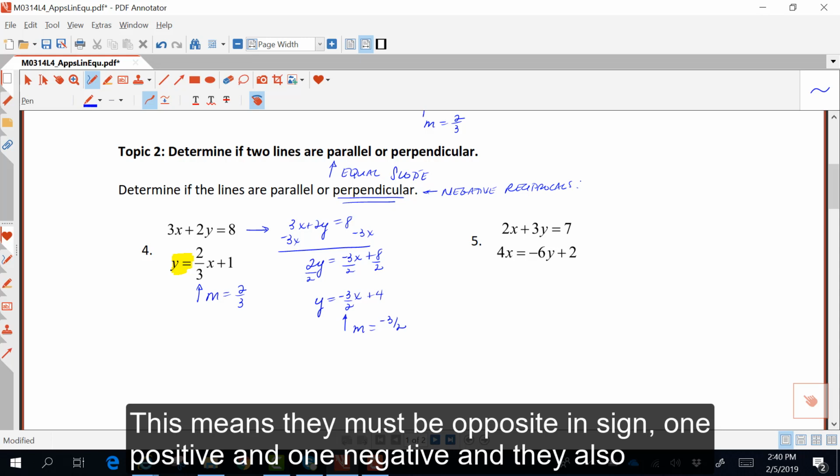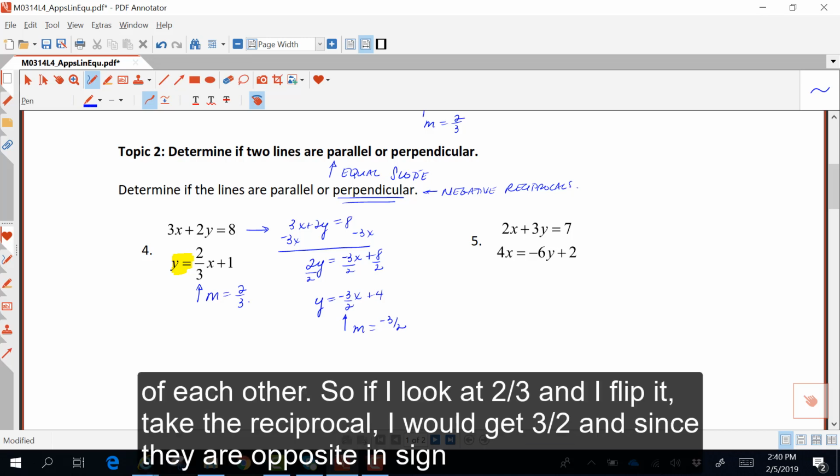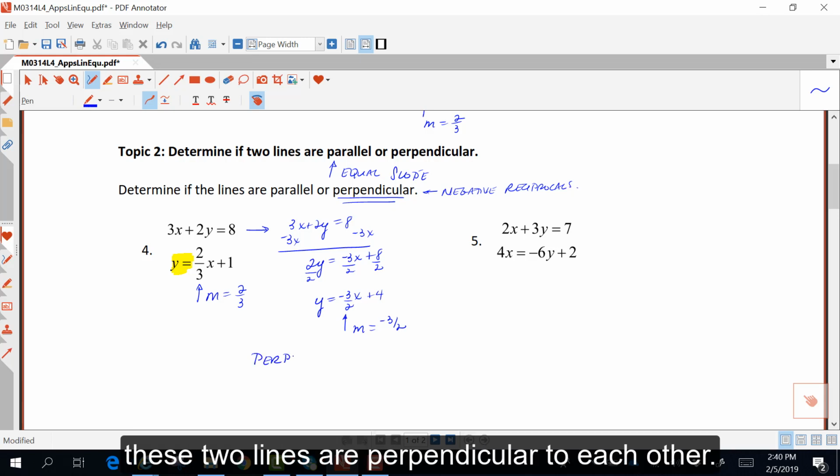This means they must be opposite in sign, one positive and one negative, and they also must be reciprocals, or informally known as flip the fraction of each other. So if I look at 2/3 and I flip it, take the reciprocal, I would get 3/2, and since they're opposite in sign, these two lines are perpendicular to each other.